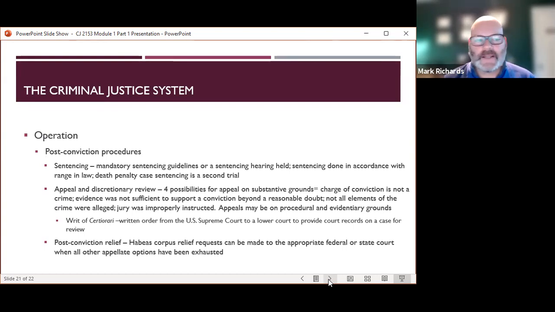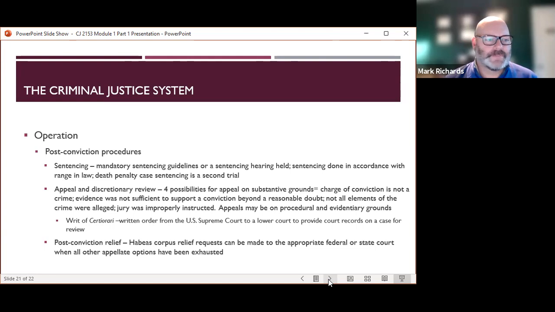Mandatory sentencing guidelines are often imposed, or a sentencing hearing can be held by the judge. Sentencing is done in accordance with the range within laws that are drafted by the different legislative enactments. And in the case of death penalties, sentencing leads to a second trial.